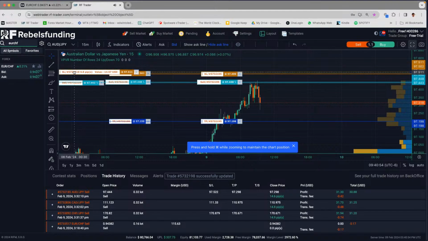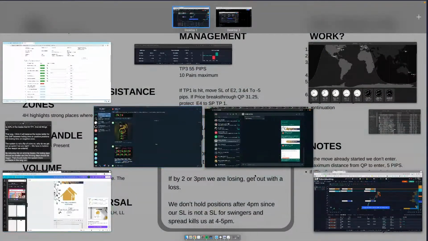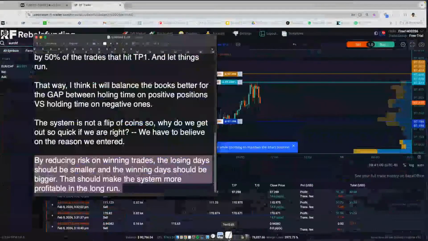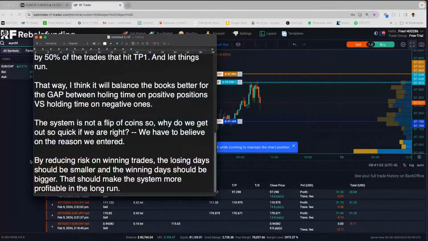That is what we are writing here. What is the notes? That's what we are saying. By reducing risk on winning trades, the losing days should be smaller, and the winning days should be bigger.